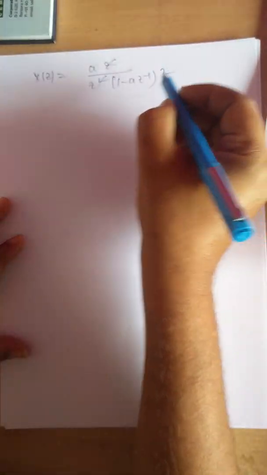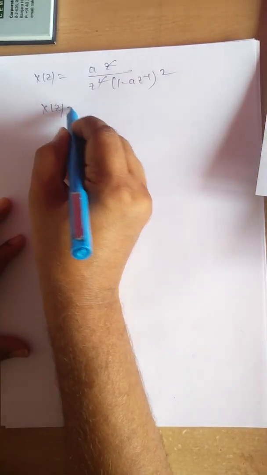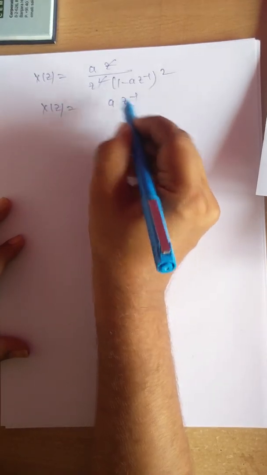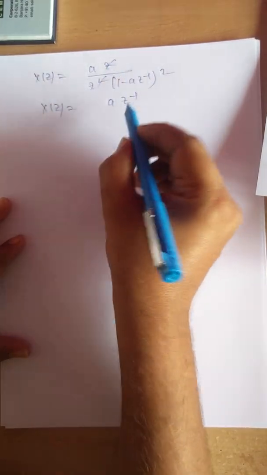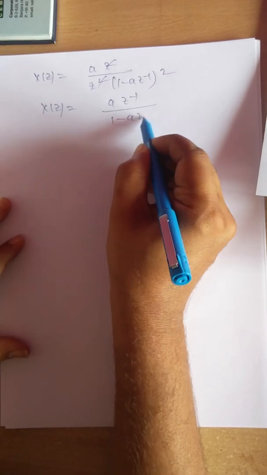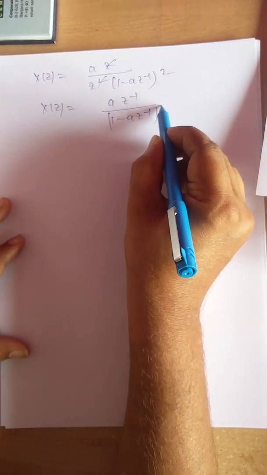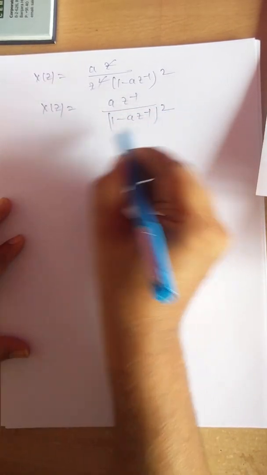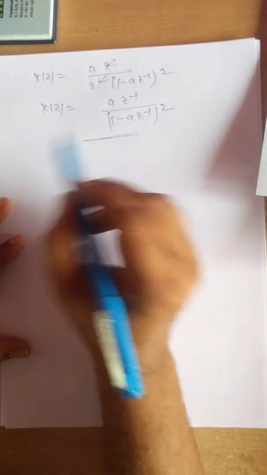This and that get cancelled. We get x of z is equal to a into z inverse. This z you take to the numerator, so it will become a z inverse divided by 1 minus a z inverse its whole square. Okay, this is the answer. This is x of z.